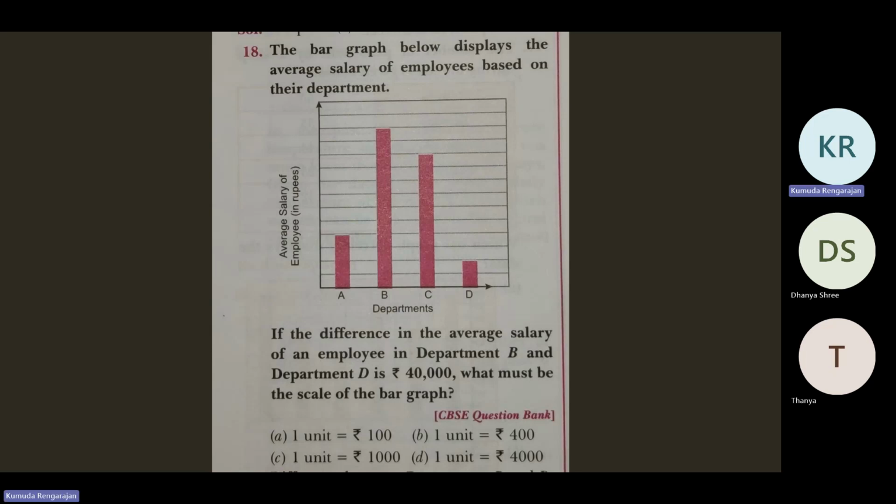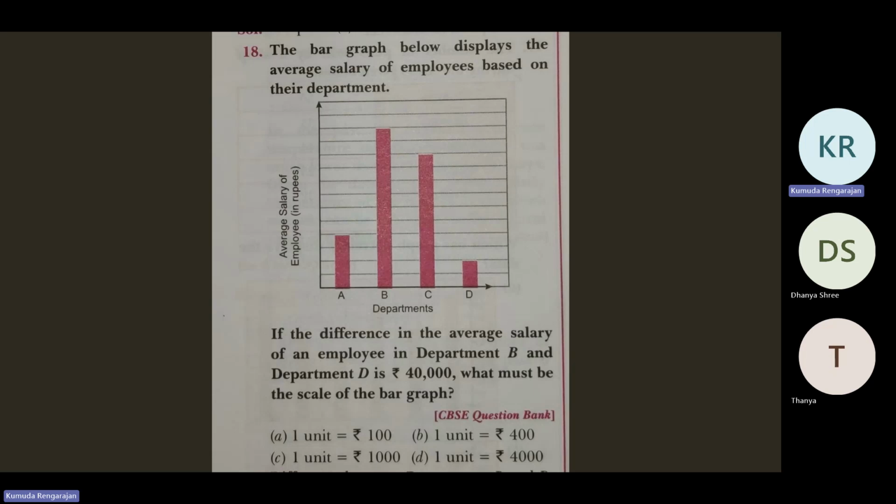You have the image, no? I think it should be below. The bar graph below displays the average salary of employees based on their department. The average salary of employees in rupees and departments. Department A, Department B, Department C, and Department D, and average salary of employees.